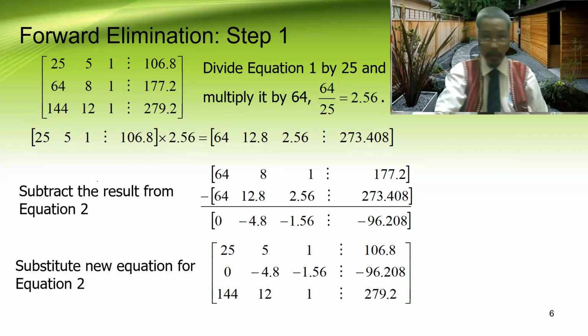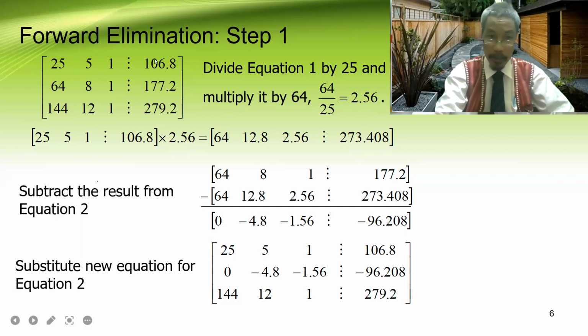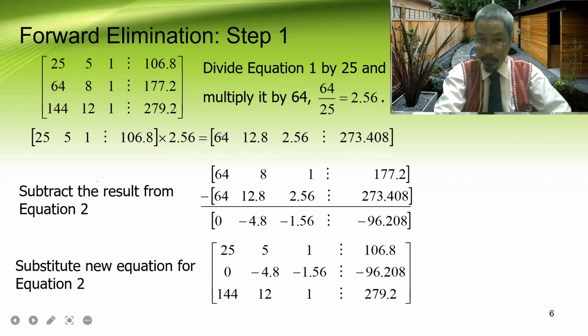Okay. So that is how we operate to be able to make this 0. So this is our equation 1 actually. This is our equation 1 transformed so that the first coefficient is equal to this.